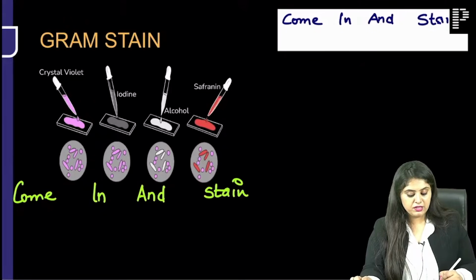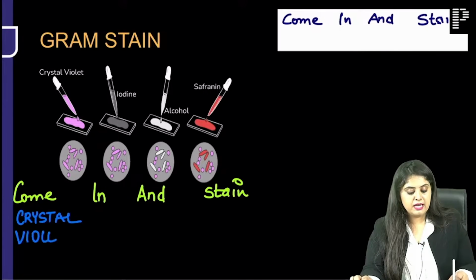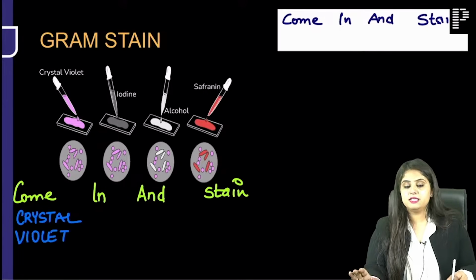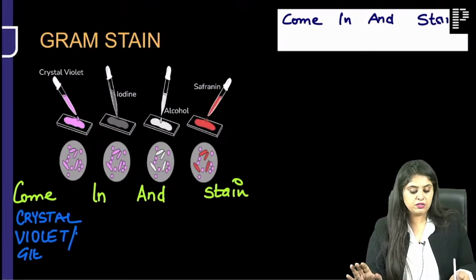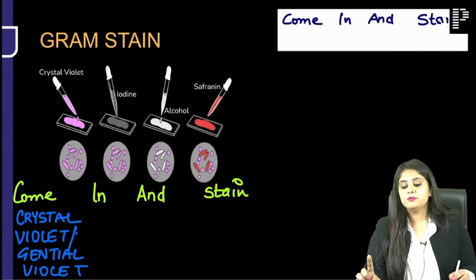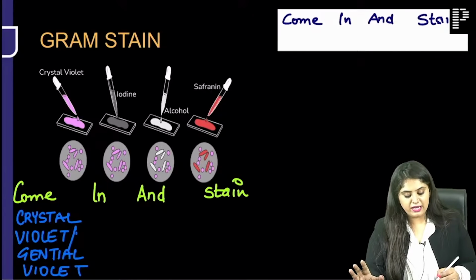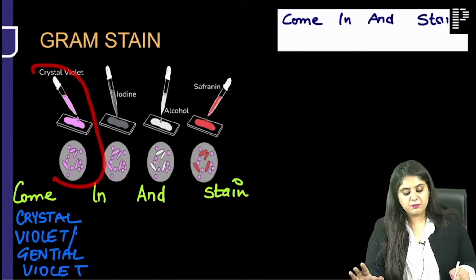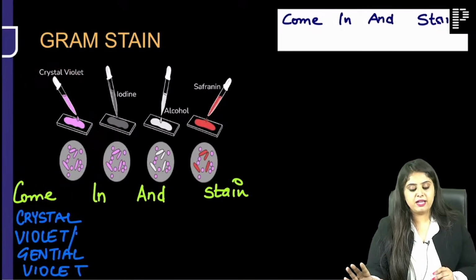So first, what is the color that you add first? C for crystal violet. Now, instead of crystal violet, any other violet written on this planet, like gentian violet, you can do that. Any other violet that they want to write works, as long as it is violet. Violet means purple color. So can you see, I have added some purple color stain, and that is crystal violet.